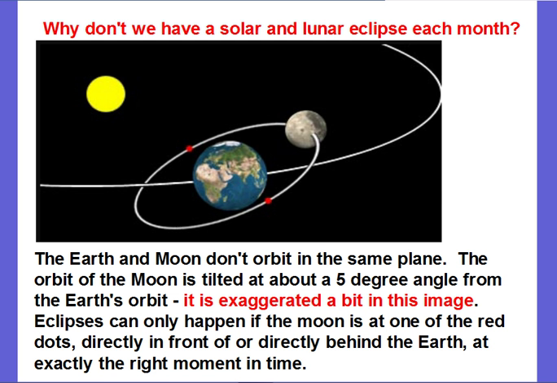But the only time an eclipse can happen is when the Earth, sun, and moon are lined up exactly, which happens at these 2 red dots in this picture, when the moon is either directly in front of or directly behind the Earth at exactly the right moment in time. So again, many times the moon is in front of the Earth, but it's slightly above or slightly below, or it's behind the Earth, but slightly above or slightly below. So we don't get eclipses then.